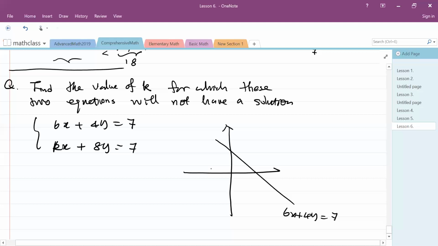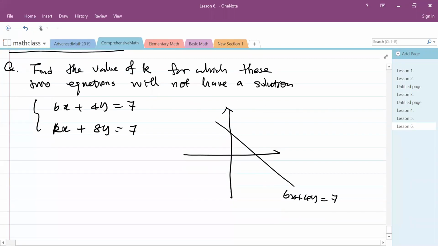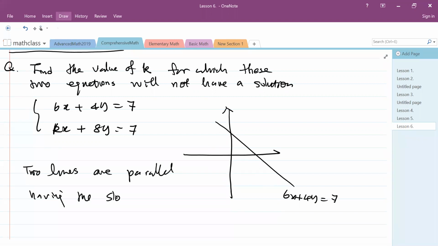If they're parallel, they do not. So that means those two lines must be parallel. Parallel really means having the same slope. If they do not have the same slope, they intersect. That's the geometry there.